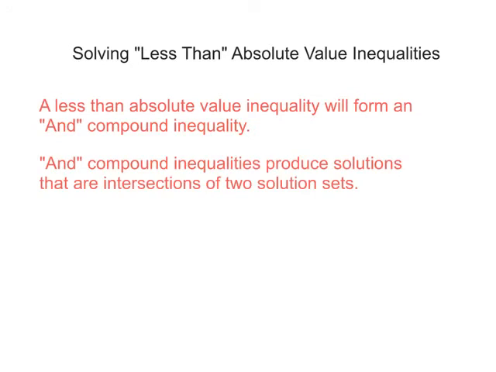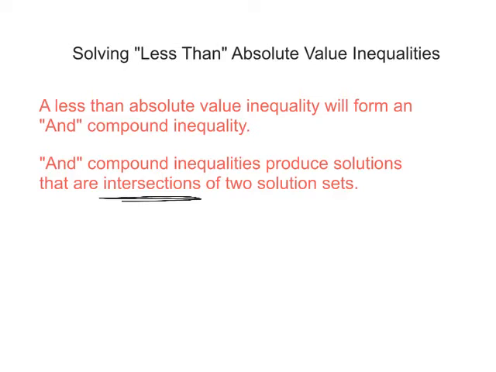And compound inequalities produce solutions that are intersections of two solution sets. And again, this is something that I talked about in the compound inequality video that you may have already taken a look at. What the intersection of two solution sets means is that we look at what numbers are in the two solution sets, and then we take the values that are in both.